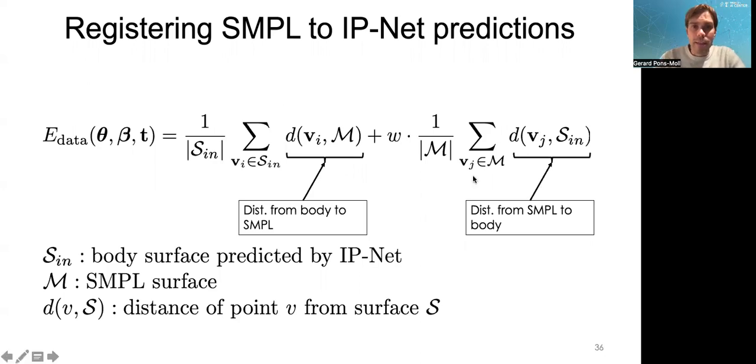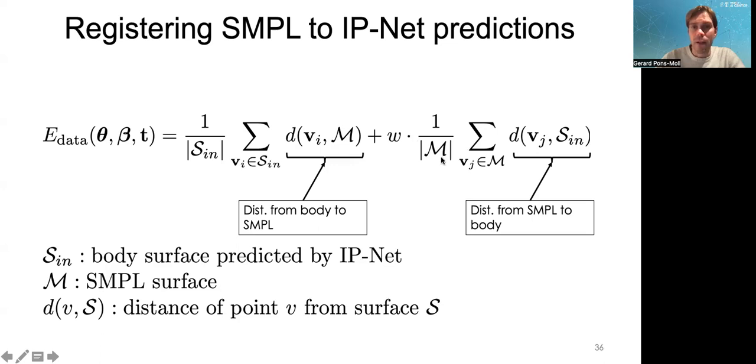This is ensuring that the reconstructed surface is locally smooth. So looking at the data term, it's a bidirectional matching objective where we have the classical objective based on ICP, which is basically minimizing the distance between vertices from the target surface, in this case the body surface predicted by IPNet, and the model that we're fitting.